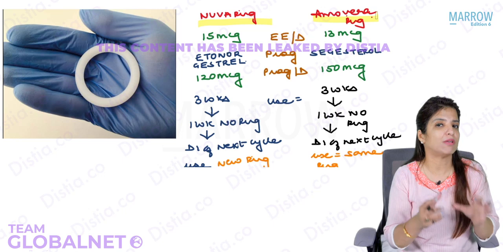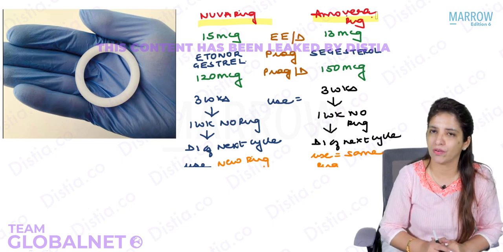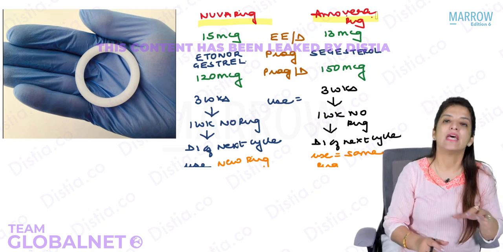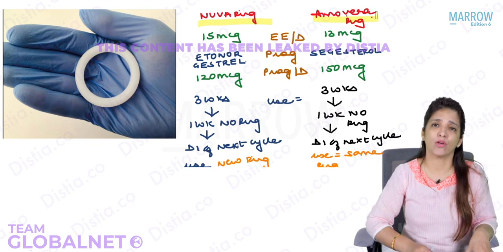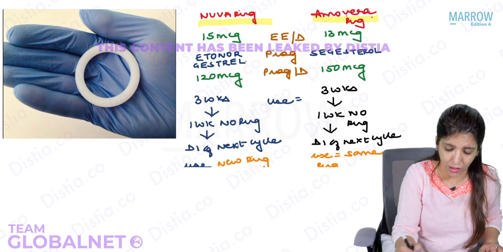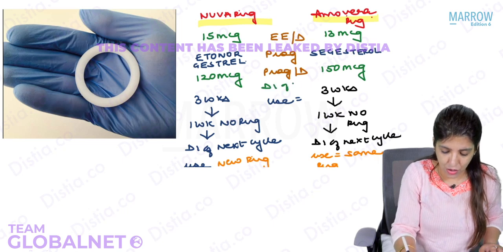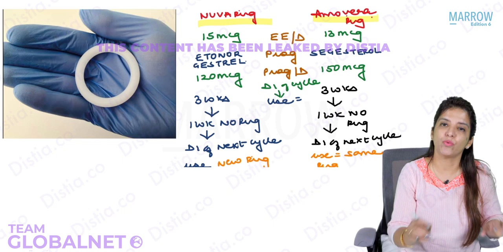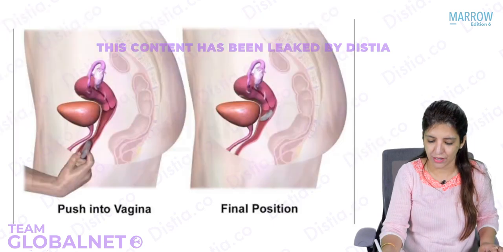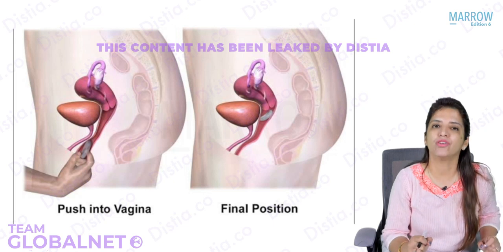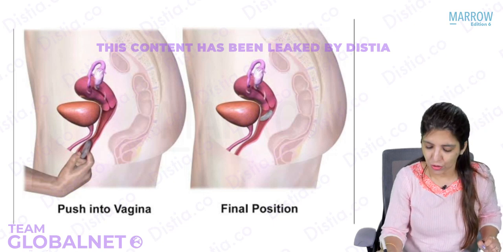But then there is one major difference between Nuva ring and Anovera ring, and that is how it has to be used. See, whether you are using Nuva ring or Anovera ring, you have to put the ring on day 1 of the cycle. So on day 1 of the cycle, you are going to ask the female to insert the ring in her vagina, and this is how the ring is inserted in vagina, right?